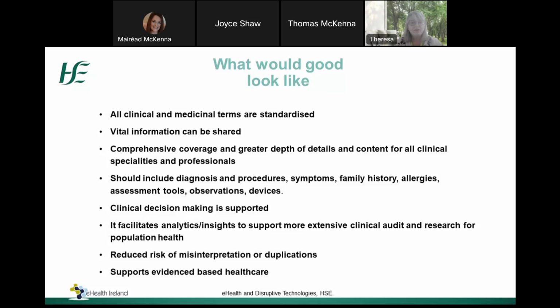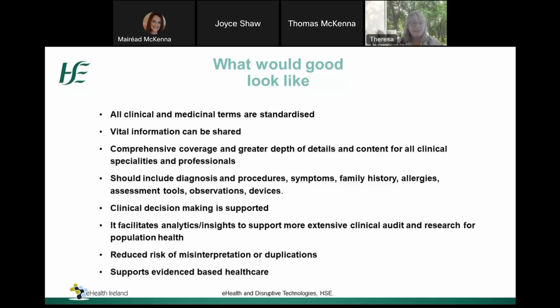All our terminologies or standards for medical information should include our diagnosis, our procedures, symptoms, family history, allergies, assessment tools, observations, devices. The clinical decision making is supported, so we need to be able to support clinical decision making by using standards, so that whatever information we have in one system is the same in another system.